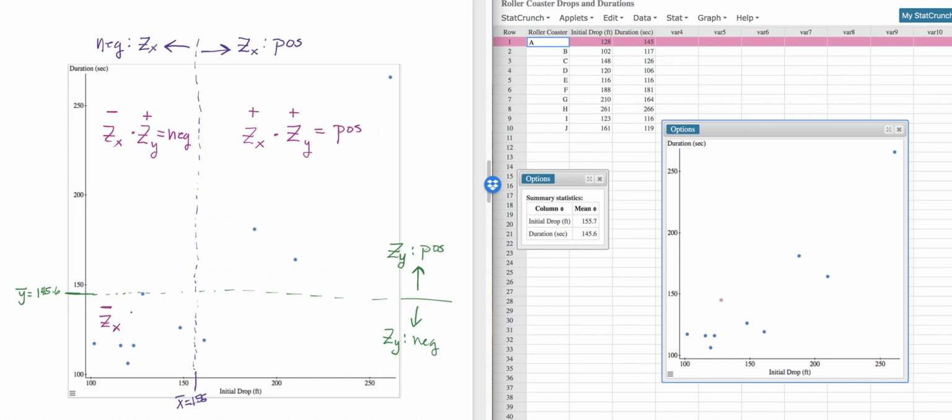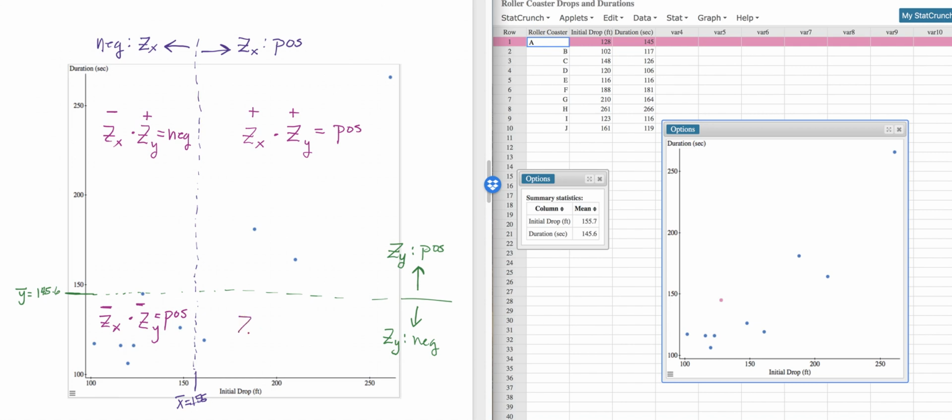We're to the left of the x bar line, times the z-score for the y is negative, and negative times negative is positive.